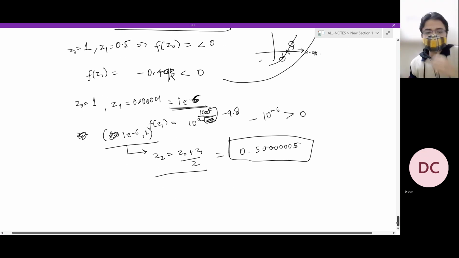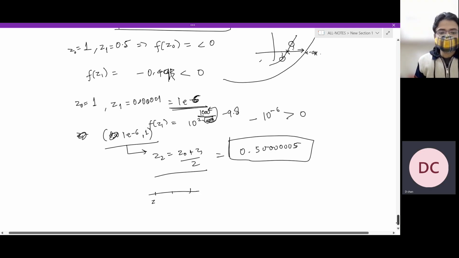Between Z0 and Z1, you have calculated Z2. So at Z0, the value of f is less than 0. At Z1, it is greater than 0. Now we need to calculate the value of f at Z2.